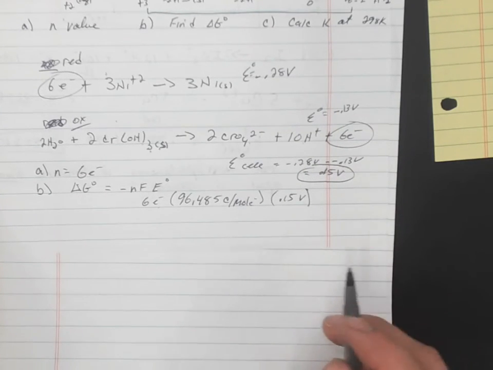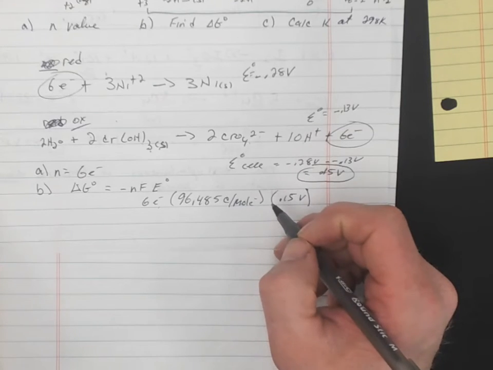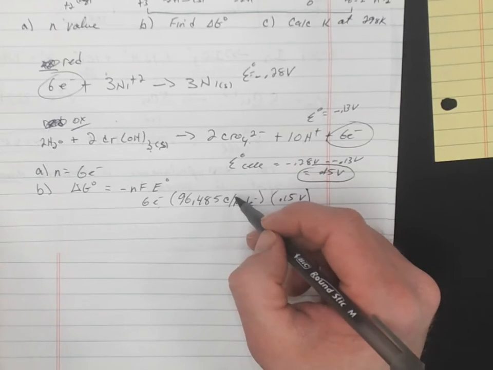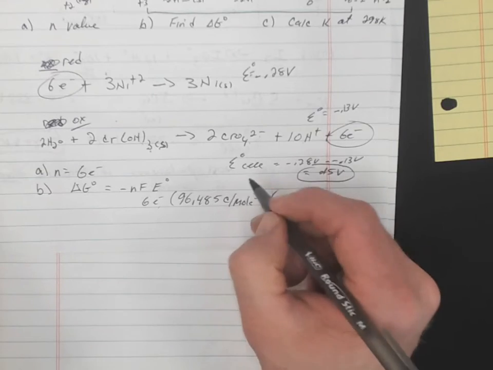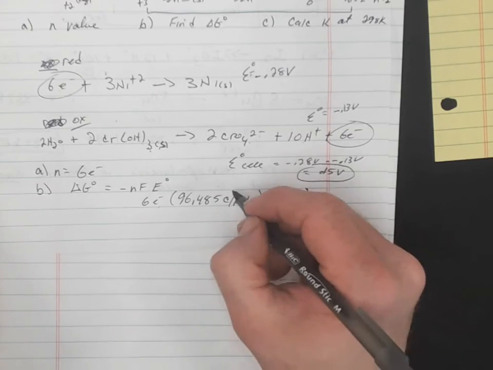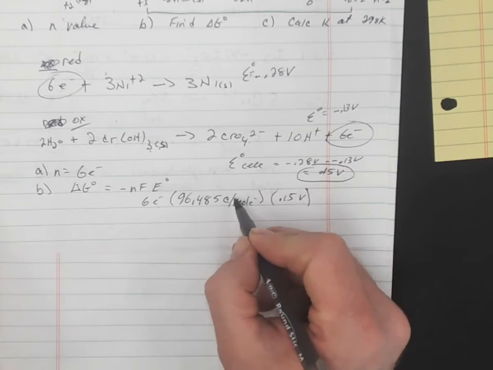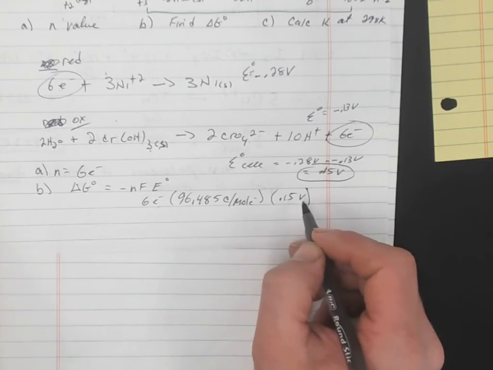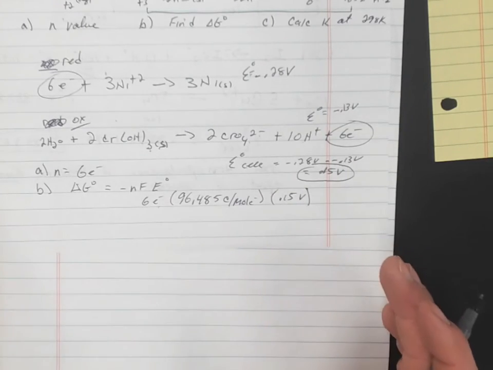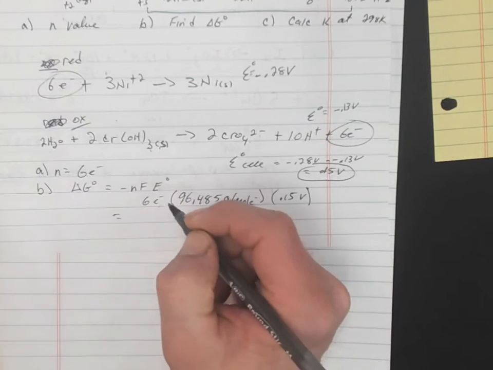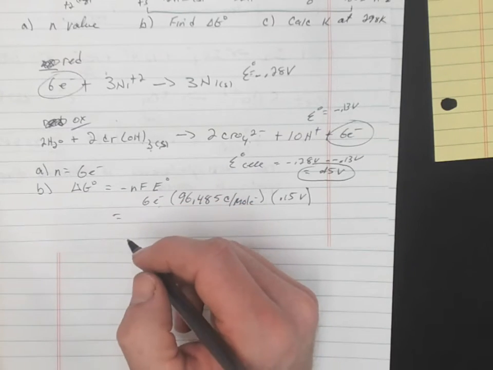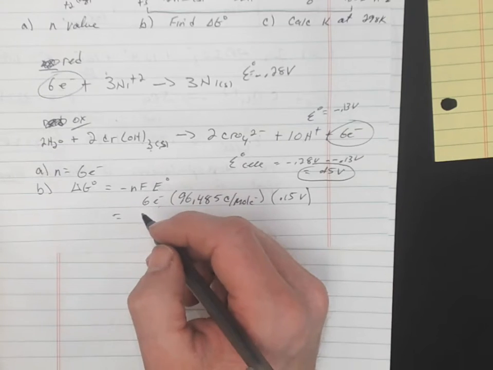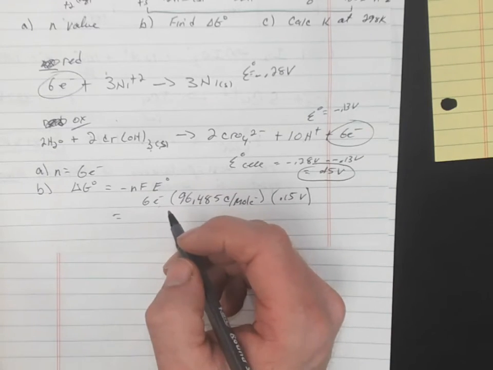And like you had said earlier, this can also be written as joules per volt mole. The only reason I mention that is because that's how you can see the volts cancel. Working that out, we're going to get 87 kilojoules.